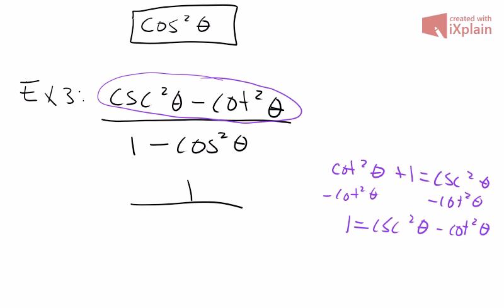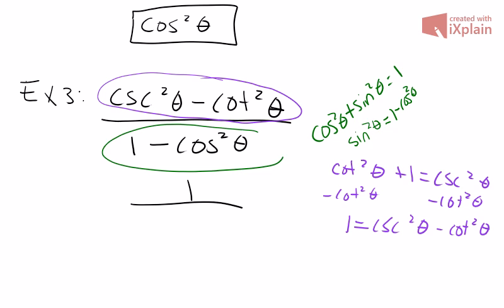I also see another Pythagorean identity. When I look at that denominator, I see that original Pythagorean identity: cosine squared theta plus sine squared theta equals 1. And if I subtract cosine squared theta on each side, I get sine squared theta equals 1 minus cosine squared theta, which is right here.